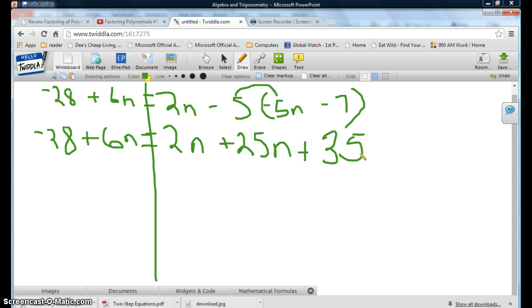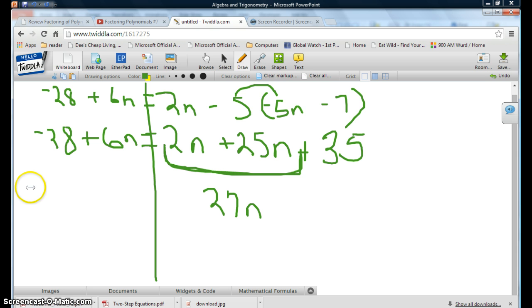Now, can we combine like items? Yes, we can, because 2n and 25n both have the variable. So this is 27n.